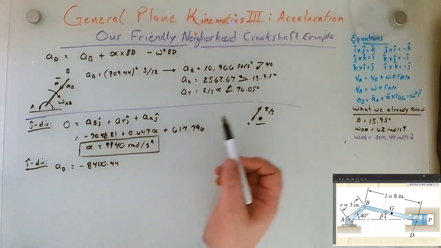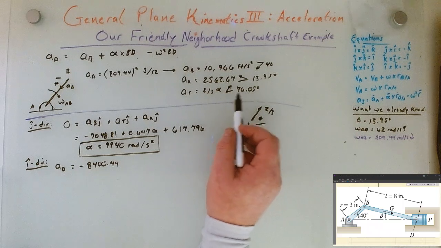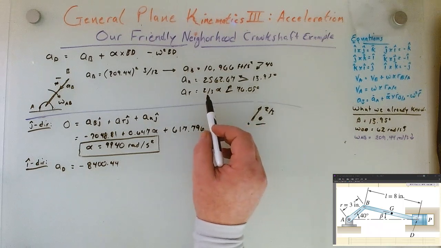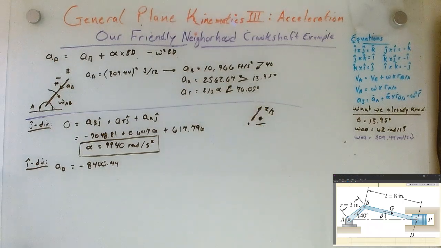Then we're doing the a sub t. So now this is 0.667 times the cosine of 76.05. What is that?